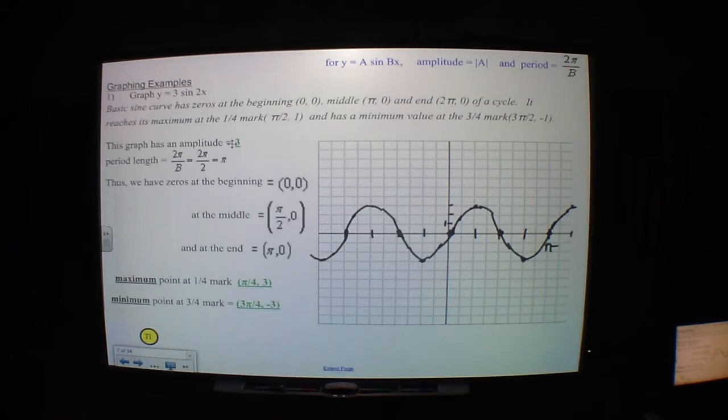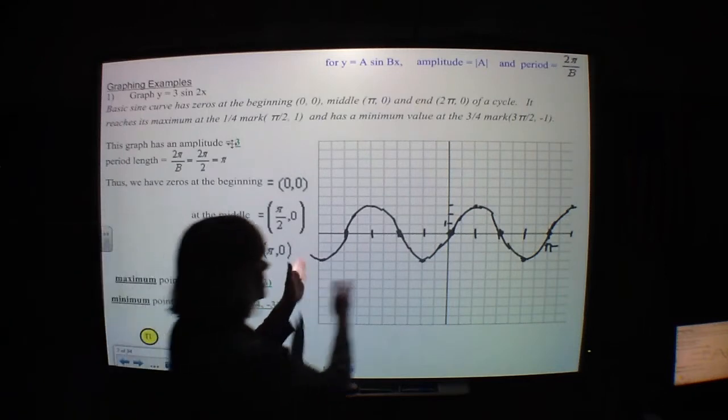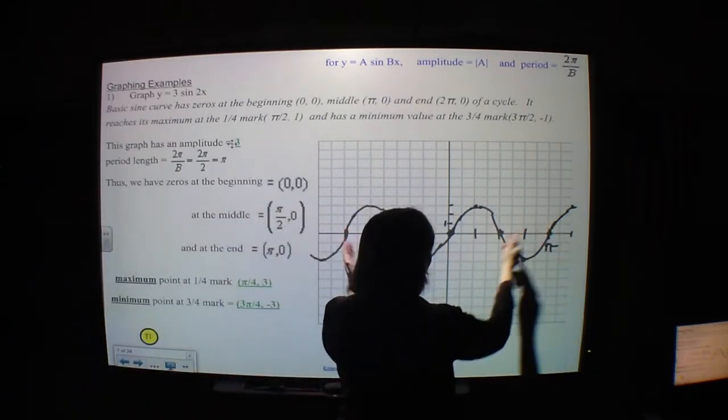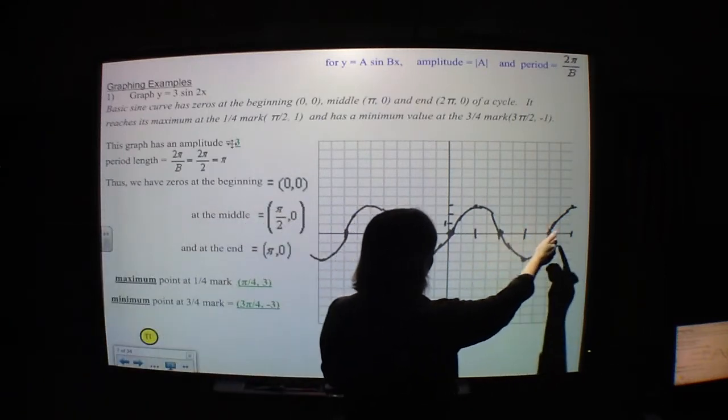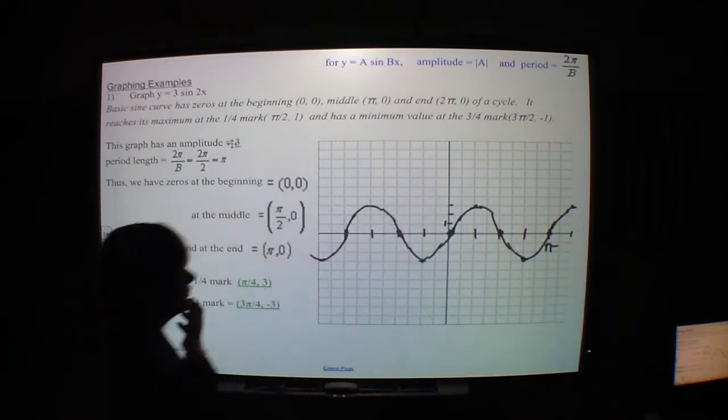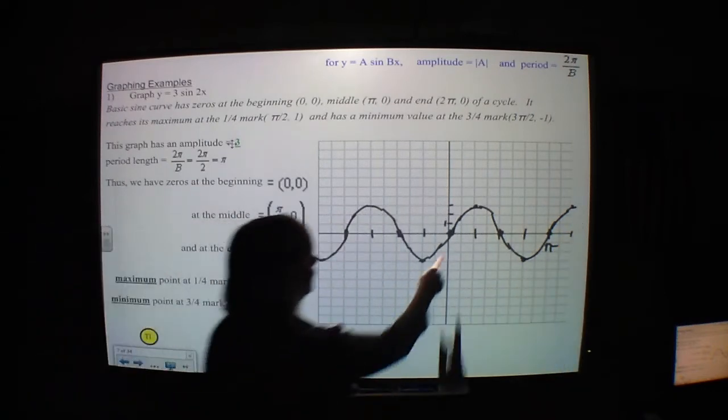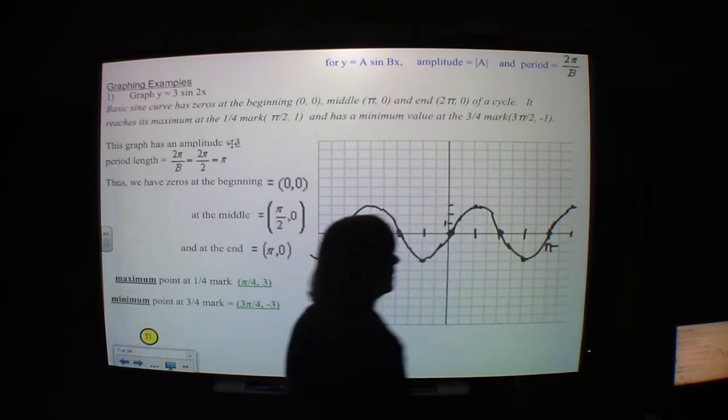And pick up your calculator now and put it in your calculator and see if you get a graph that looks like this. You might want to change your graph so your x-axis might go from a little more than pi, 1/4, 2/4, 3/4, 4/4, 5/4 pi.